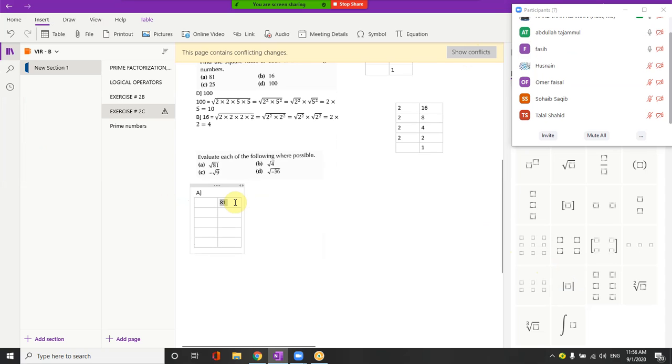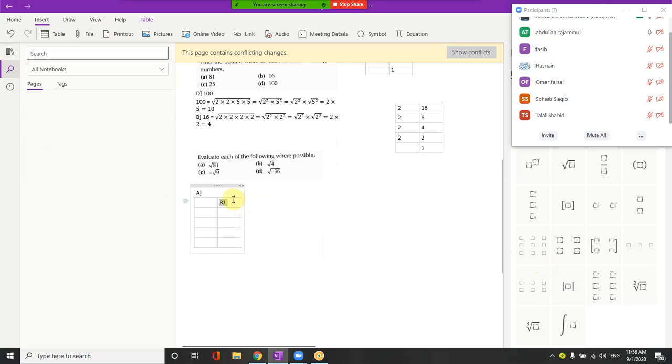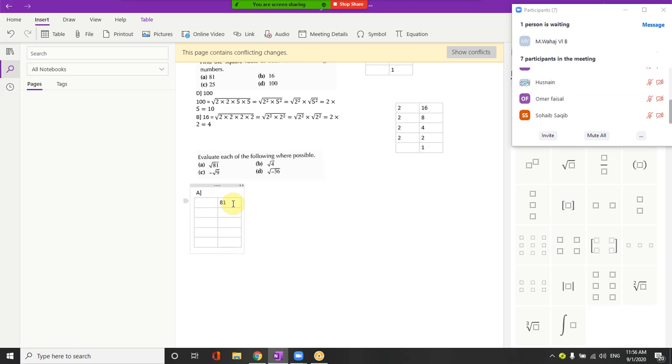Okay, guys, we are going to take the square root of 81, and before that, first of all we need to find the prime factors of 81. 81 is not an even number, so we cannot divide it by 2. Which number should we use here? 3. Very good.